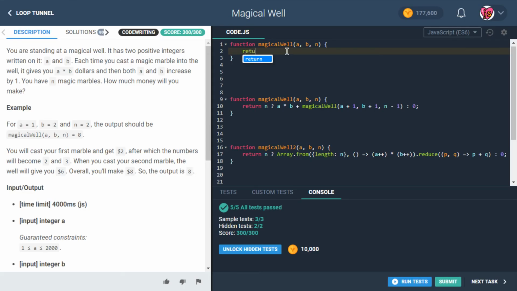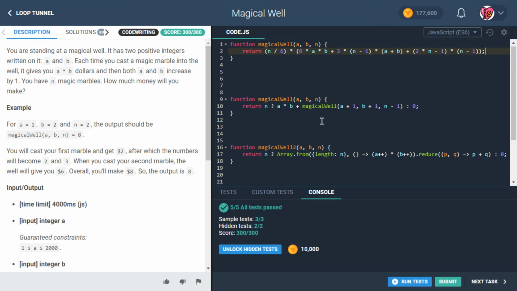So we want to return n divided by 6, and we're multiplying this by, I think I forget already. Let's give it a try. So I think it was 6 times a times b plus 3 times n minus 1 times a plus b plus 2 times n minus 1 times n minus 1.